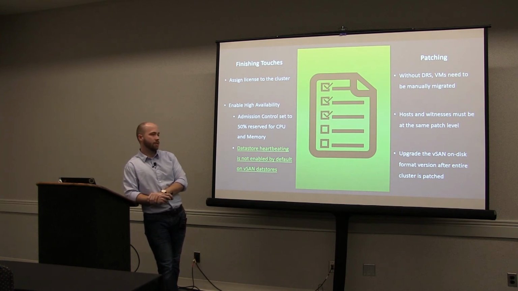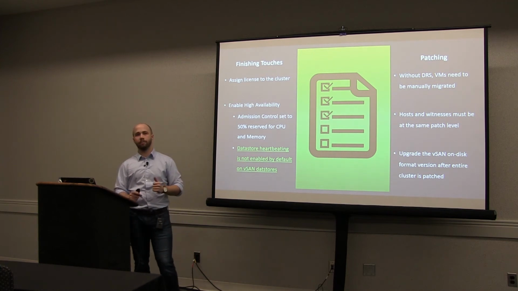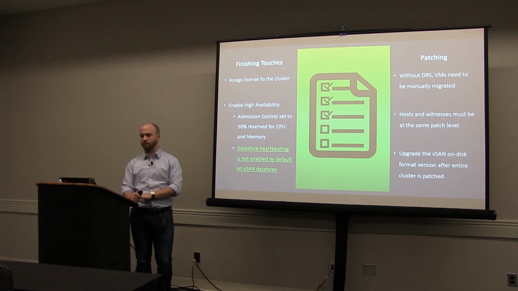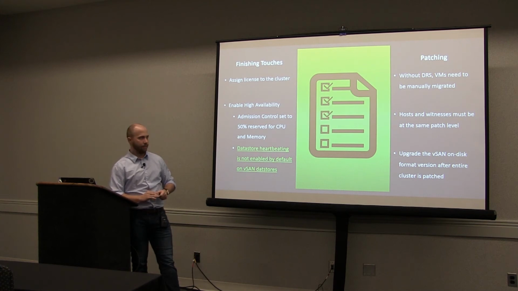You can pretty much accept all the default HA settings with the exception of admission control. VMware recommends reserving 50% of the compute and memory resources in the admission control settings. That is, for some reason that I don't quite understand, not the default calculated percentage.